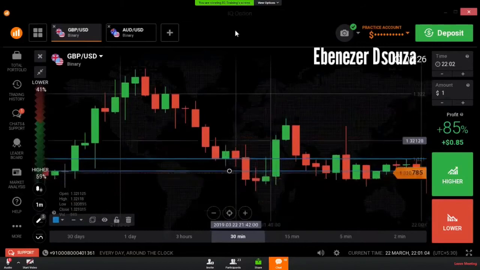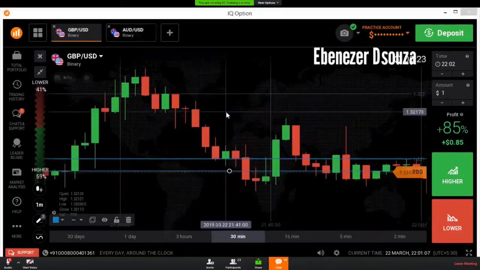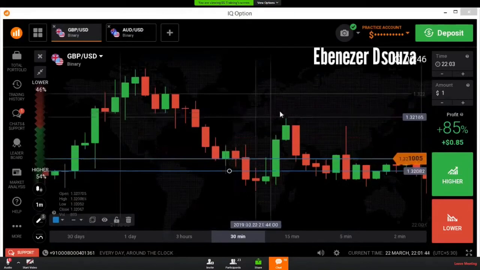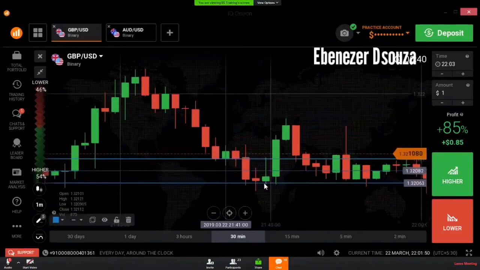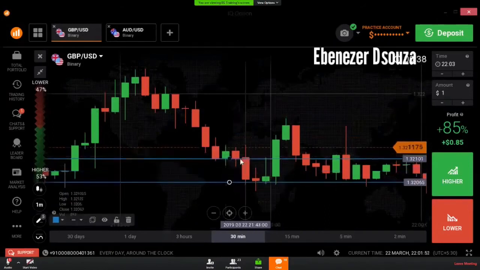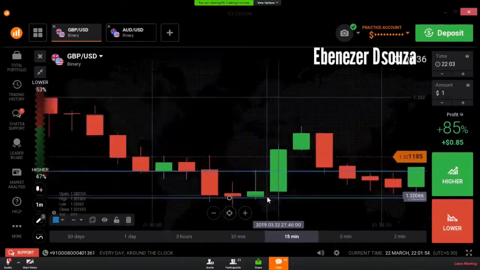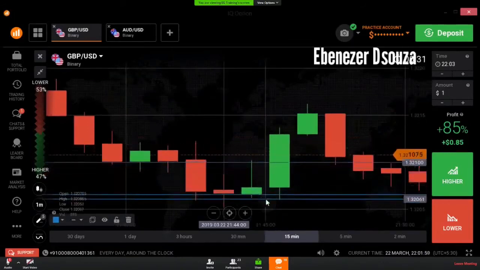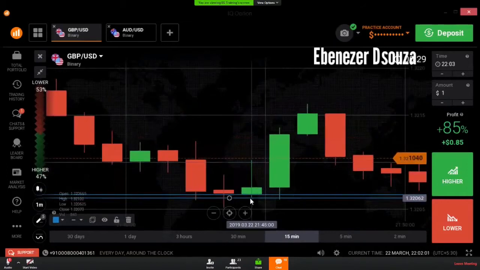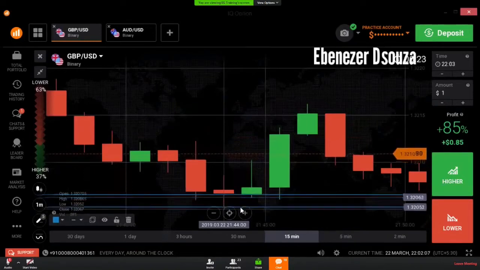Okay, just wait. Just a minute. Okay, here we are seeing a buyer's entry from this level. There is a buyer's entry from this level, but we are seeing buyers here and here also.